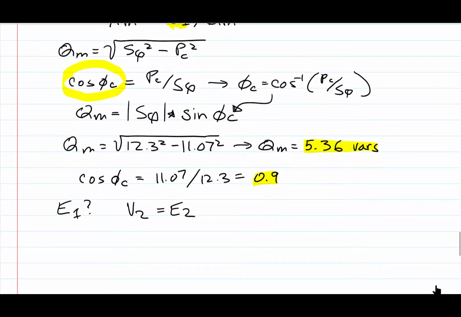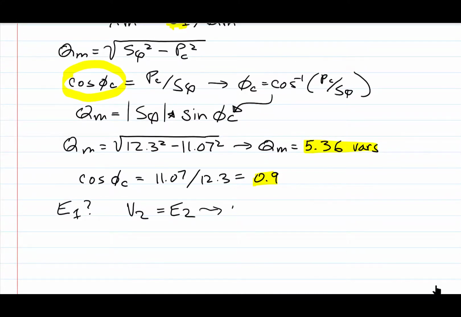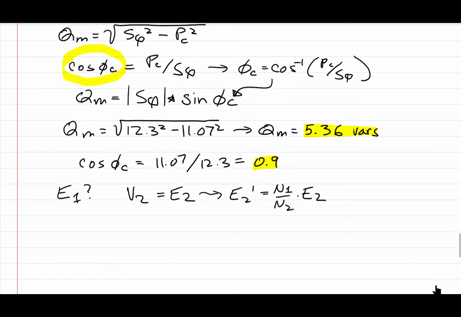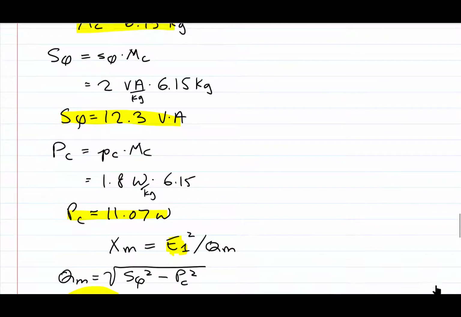If we refer E2 to the primary side, we get E2 prime. That would be equal to N1 over N2 times whatever we found as E2, and E2 prime equal to E1. So E1 is equal to 165 primary turns over 55 times the measured E2 value that we found.